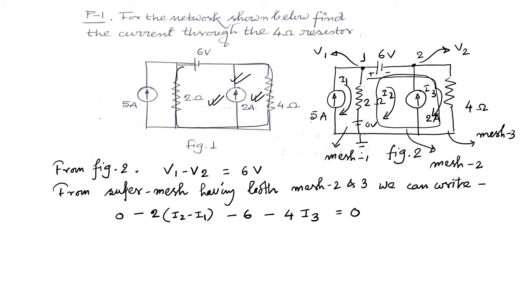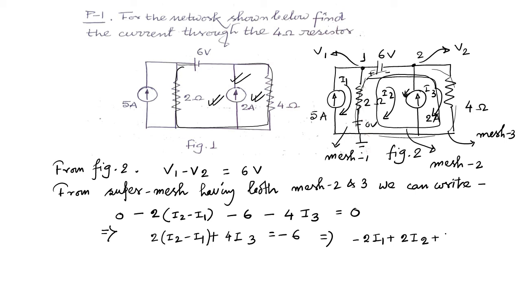While considering a super mesh, the current source which is a common branch to both loops, mesh 2 and mesh 3, basically disappears, and we write the KVL for this total path. So we can write 2 into (I2 minus I1) plus 4I3 is equal to minus 6, meaning minus 2I1 plus 2I2 plus 4I3 equal to minus 6.